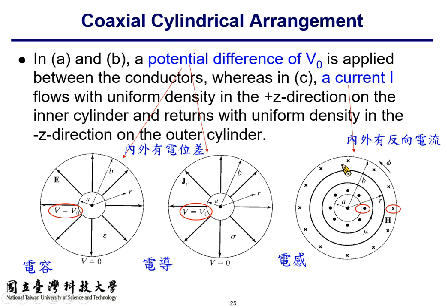The total current magnitudes are the same. In other words, the current density inside and the current density outside are different. Okay? So the total current can be expressed as current density times the circumference of the cylindrical structure, 2 pi a.